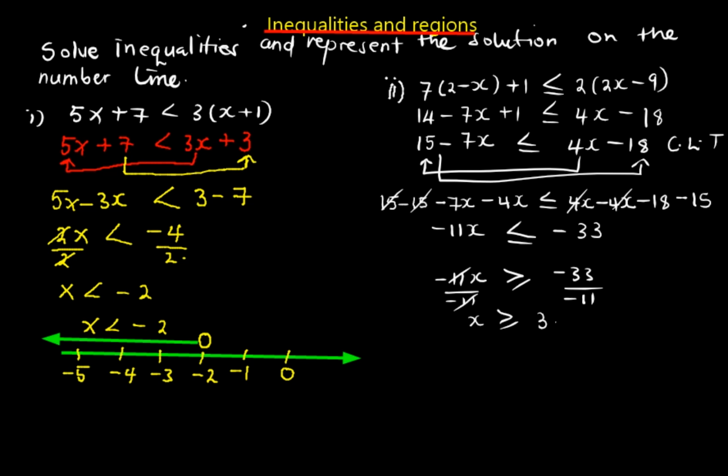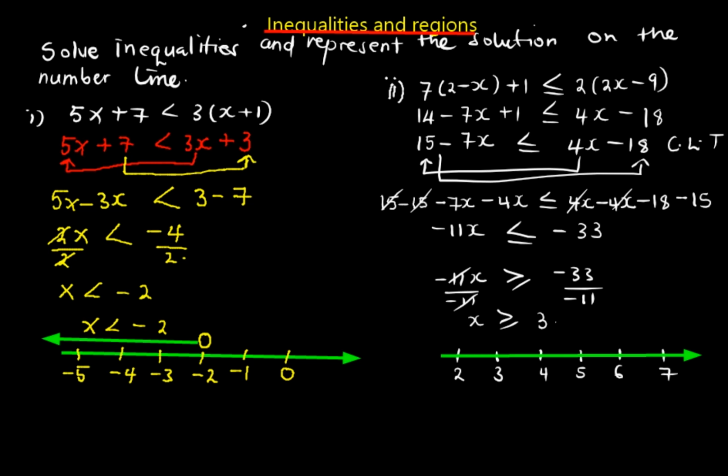Remember, they are telling us to solve the inequalities and represent the solution on the number line. And if we are going to represent the solution on the number line, we shall have 2, 3, 4, 5, 6, 7.